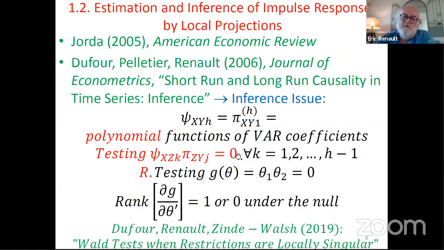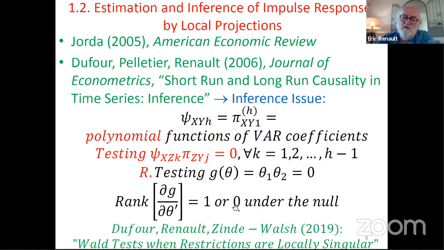And I don't know whether you have ever met that, but it is a very simple issue. When you want to test that the product of two parameters is 0, it is not an easy task. And why it is not an easy task is that when you look at the rank of the restriction under the null, you may have only one of the two parameters which is 0, or both of them. Meaning the rank of the Jacobian matrix is not constant under the null.